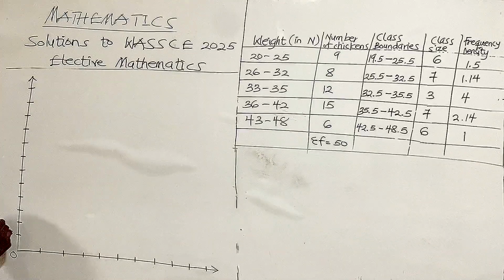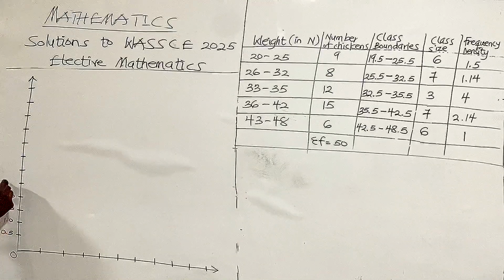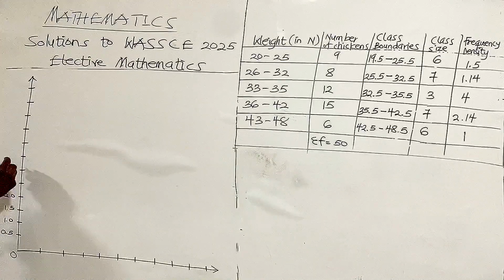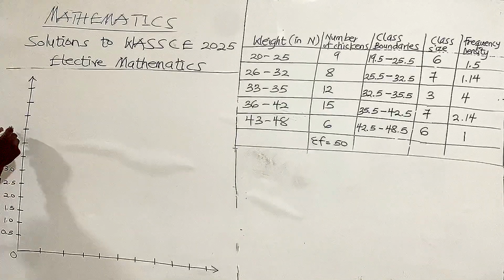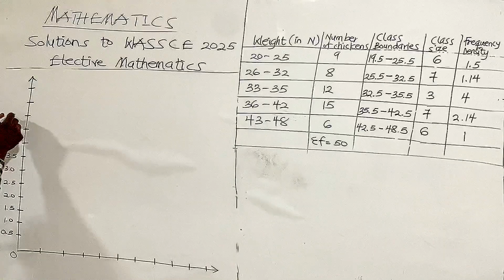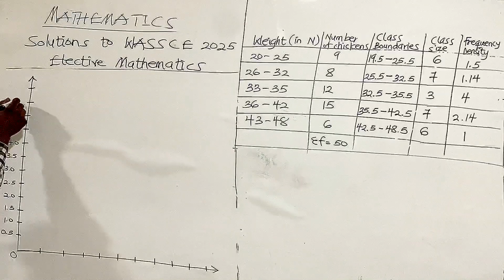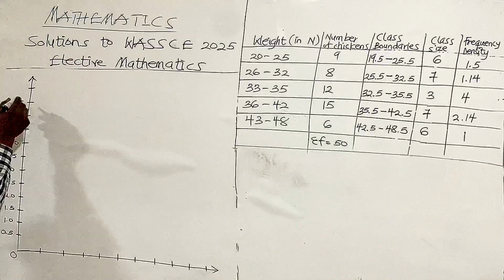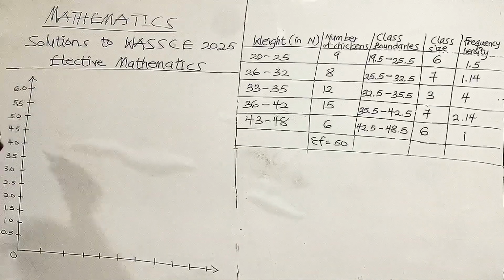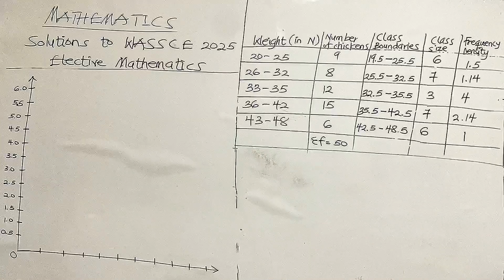So 0.5, 1.0, 1.5, 2.0, 2.5, 3.0, 3.5, 4.0, 4.5, 5.0, 5.5, 6.0 to be the scale.